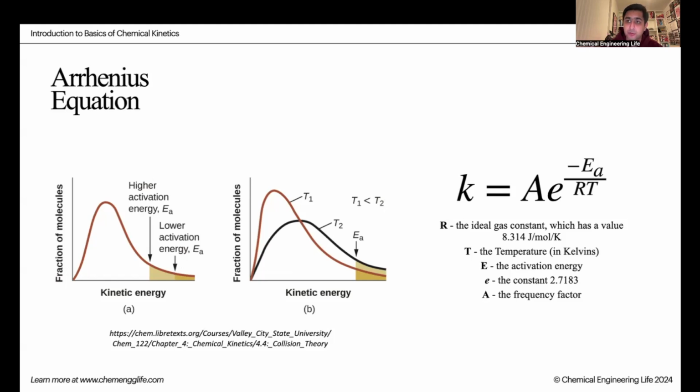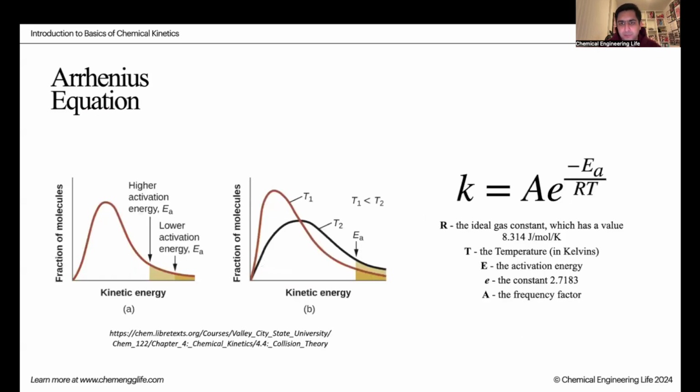So if the temperature is higher, that means there is more kinetic energy in your particles, hence a much higher probability of collision. And therefore more and more particles will be able to have enough energy to meet the activation energy, and hence your reaction will be a lot faster. And that is why temperature is one of the most important factors that affects your rate constant and your reaction rate.